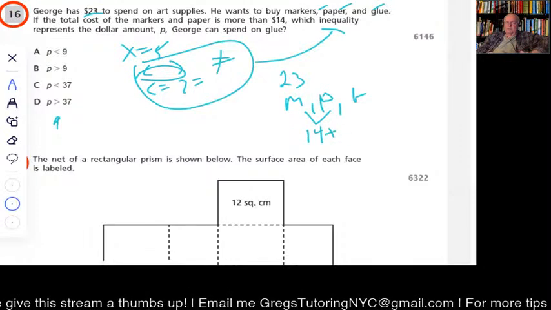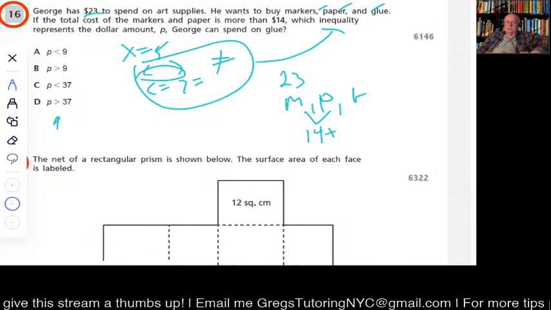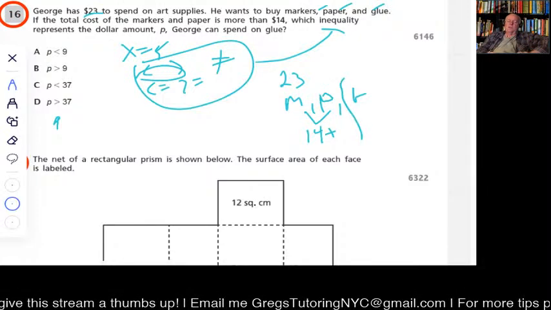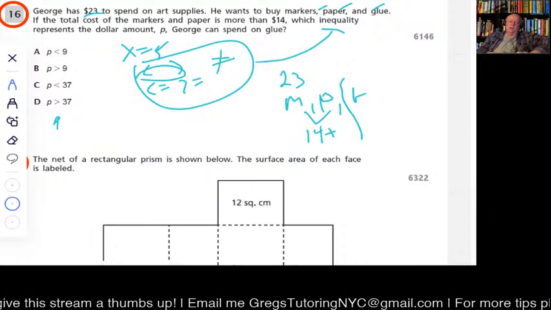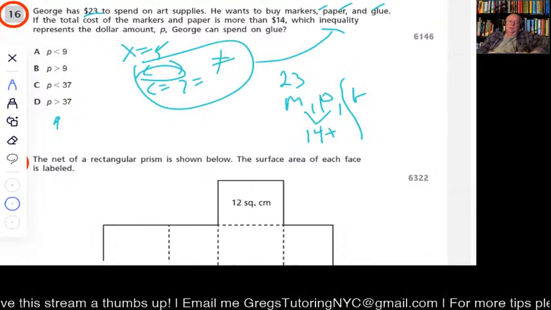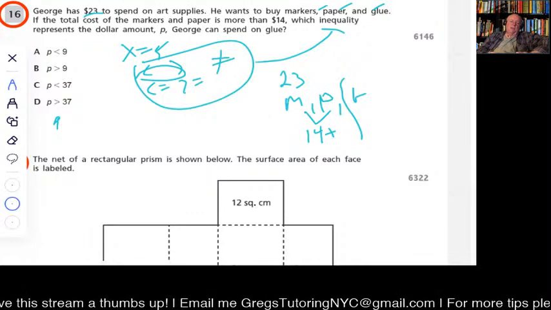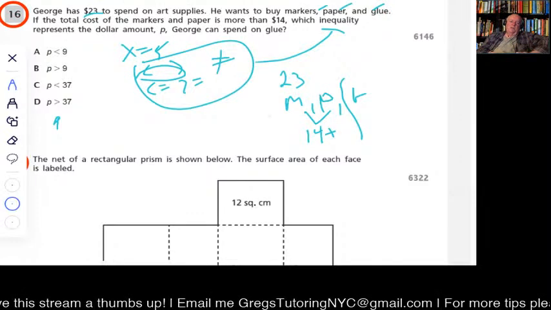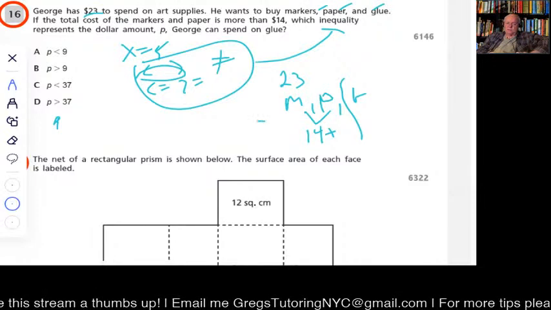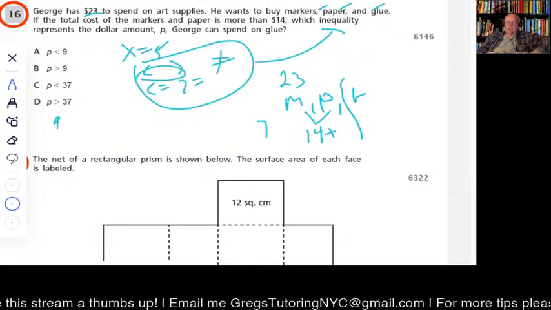It's more than $14. So let's ignore the glue for a second. If he went into the store with $23 and he only bought the markers and the paper for more than $14, what can he be left with? If they were exactly $14, he'd be left with, sorry, $9.